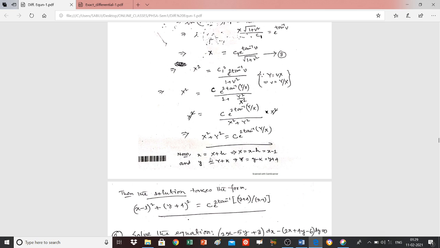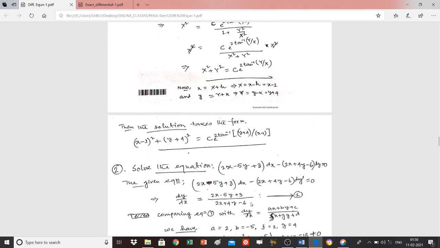So capital X is equal to x minus 1, and y is equal to capital Y plus k, so capital Y is equal to y minus k, and you have computed k as minus 4. Just substitute this in here. So x minus 1 whole square plus y plus 4 whole square is equal to c e to the 2 tan inverse y plus 4 by x minus 1. This is the complete solution.